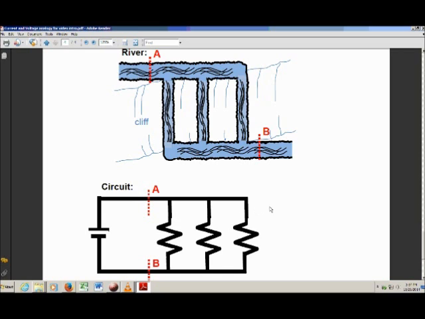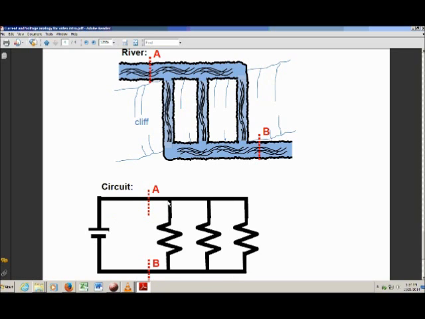So let's talk about voltage now, and again I'll hop up to the analogy. These 3 waterfalls all have the same height because they went over the same cliff. So they lost the same amount of gravitational potential energy just because they have the same H value, the same height value. Likewise down here, all 3 of these resistors are directly connected to the battery by these 2 wires.